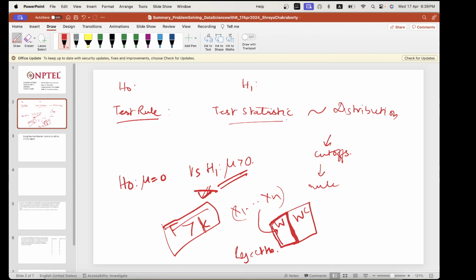Okay. And while describing this, I said that if you have H1: mu greater than 0, then it is not necessary that your test statistic should also be greater than some k.